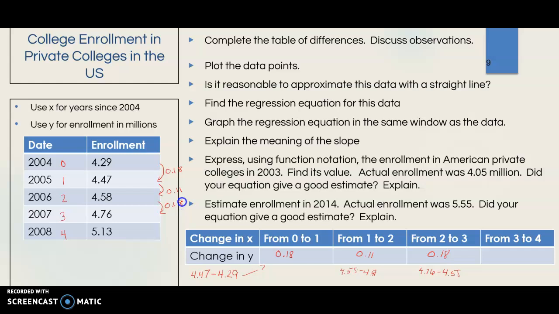And I do the last pair, so I have 5.13 minus 4.76, and that is a change of 0.37.